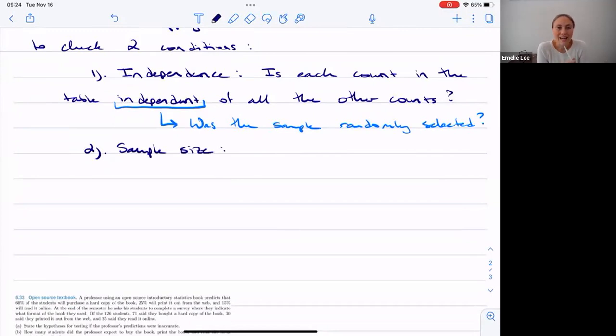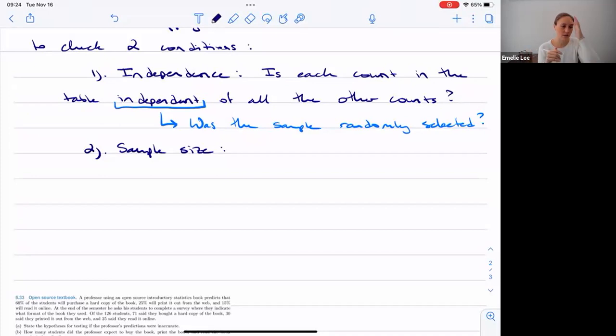The expected number of counts in each cell has to be more than 5. That's weird, but the reason for that is because we need to be able to detect at least 5 expected successes. If you're trying to detect a really small proportion and the expected count is just 1, then you don't have enough data there.